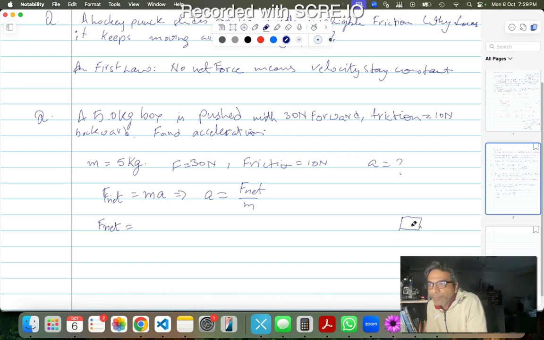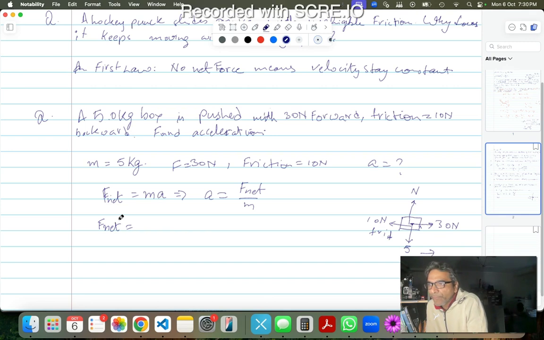We have an object, there is a weight, 5 kg, and there is a normal force also acting upward because there is no vertical movement. And there is 30 Newton forward and 10 Newton friction backward. In which direction will it move?